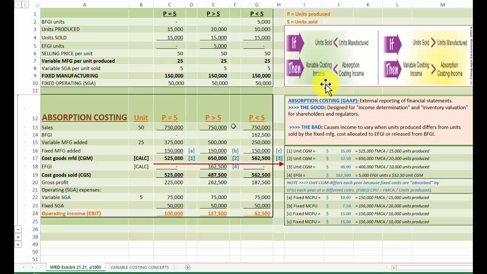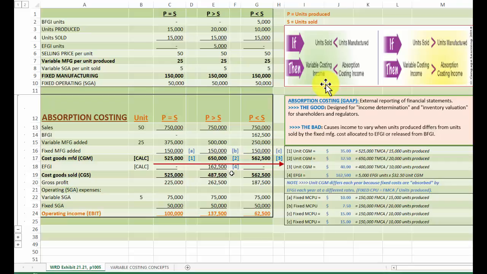Variable manufacturing costs, though, would go up because 20,000 units were manufactured at $25 for $500,000. Fixed manufacturing costs would stay the same at $150,000, so total costs added, $650,000, would be the same as total cost of goods manufactured because there would be no beginning inventory.